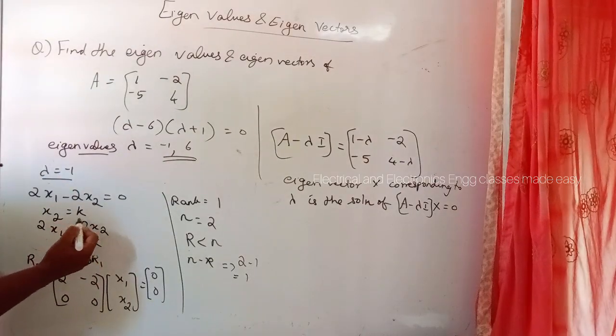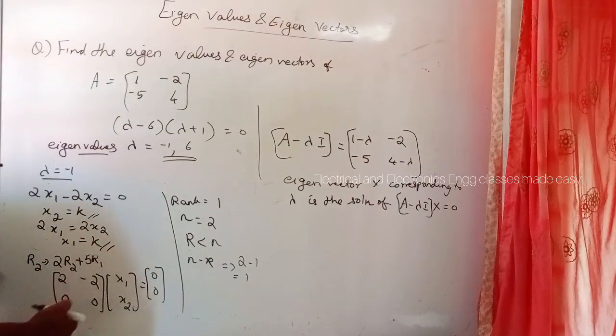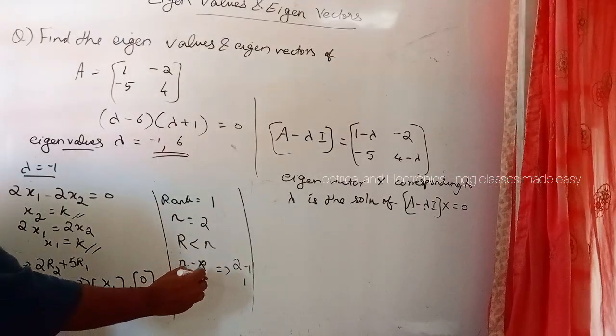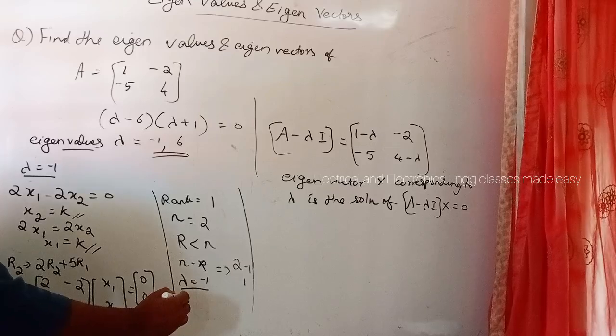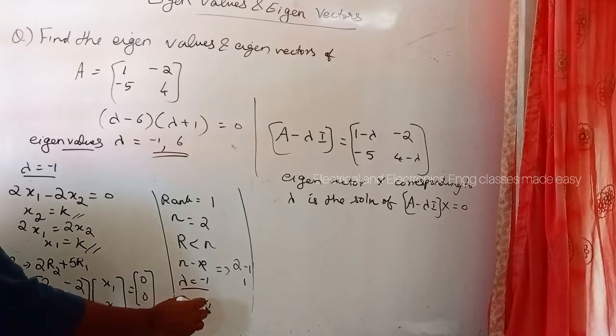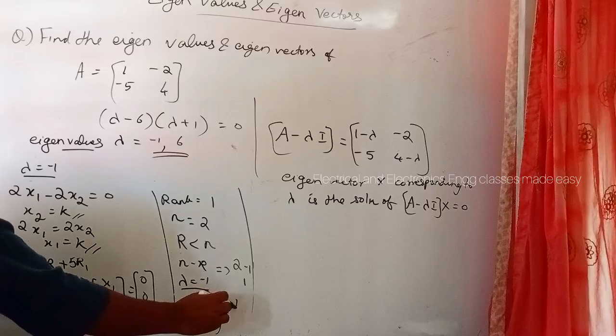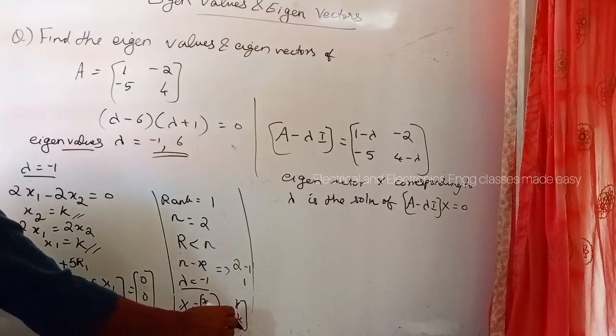So the solution is, when lambda is equal to -1, x is equal to x1 and x2, that is k and k.